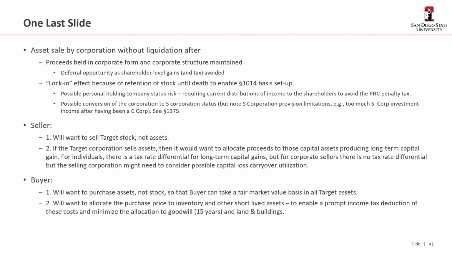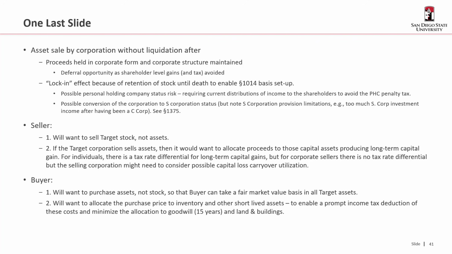So first off, if they don't liquidate and send the property or cash out to the shareholders, then the shareholders avoid the shareholder level tax. And of course, that can be advantageous for the shareholders if they can keep that stock held that way until they die. And then their heirs get a step up in basis in the stock, and they basically avoid that shareholder level gain in perpetuity.